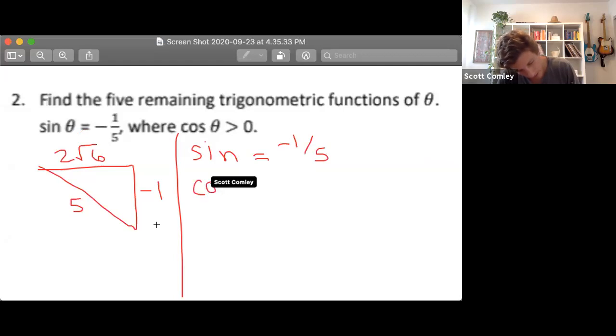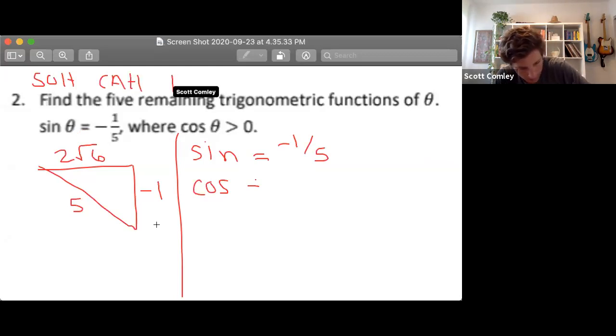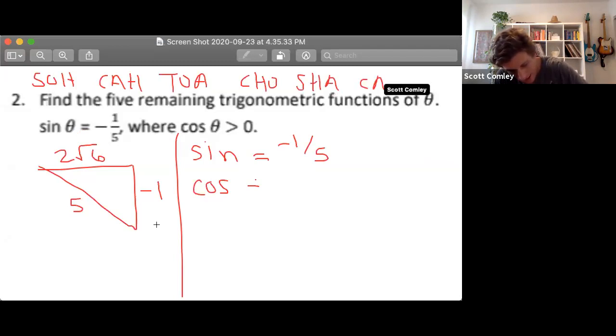Let's do cosine, which is, so let's write at the top again, SOHCAHTOA. Cosine is adjacent over hypotenuse. So our angle's right here, adjacent is 2 root 6 over hypotenuse.